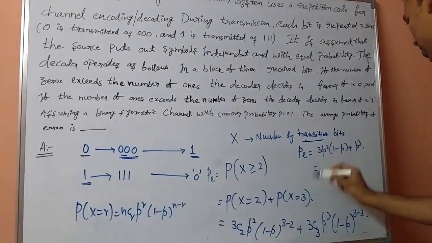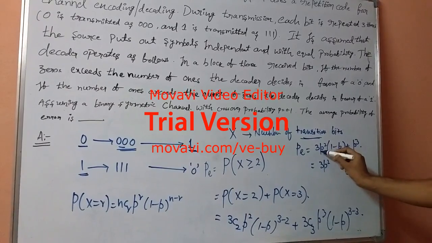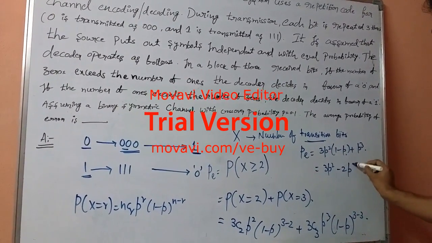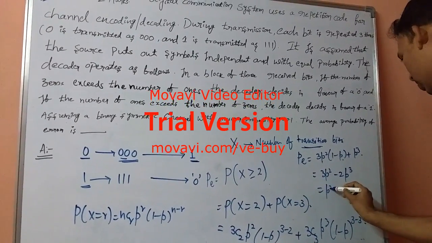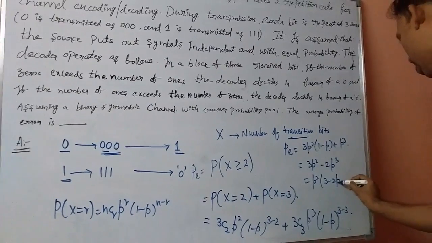So this is equal to 3p square minus 3p cube plus p cube, so minus 2p cube. If you take the common p square, then you get p square into (3 minus 2p).